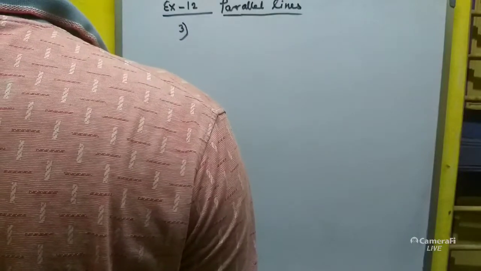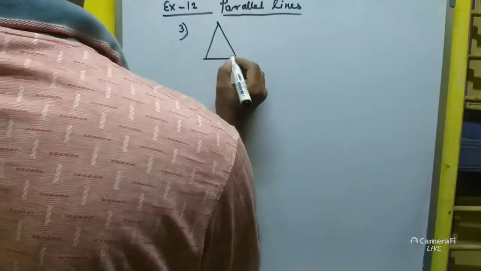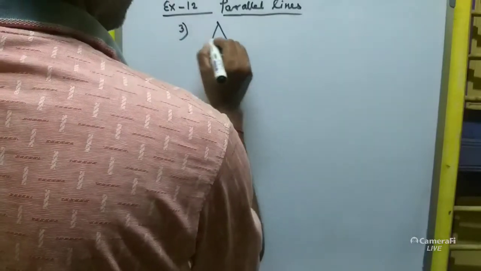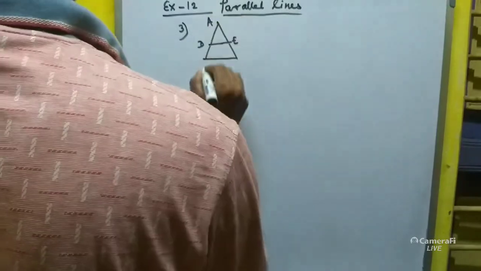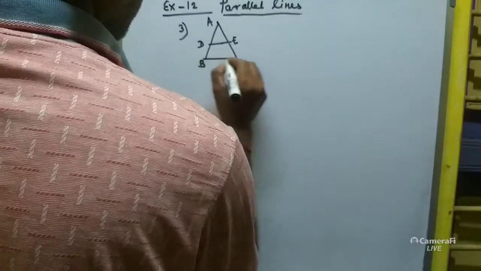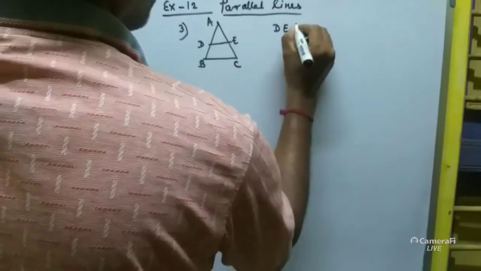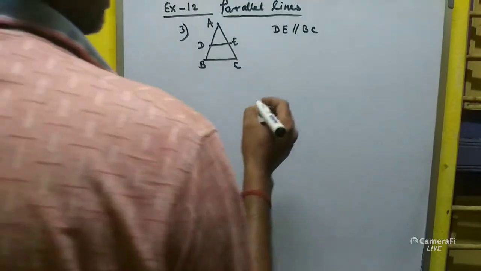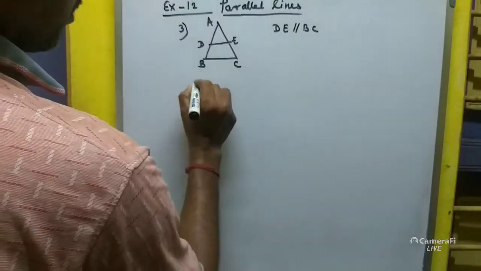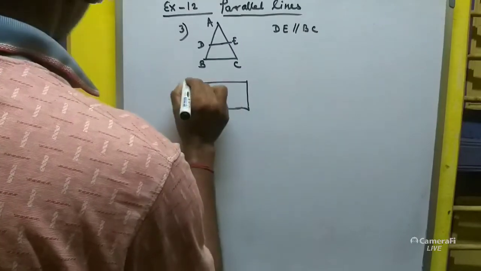Next, number 3. Identify parallel line segments in each of the following. The names are given. I will draw the figure for this one: D, this one A, this one B, C. Now here AD is parallel to BC. So these are given. Next, this is very easy, you can do it on your own.